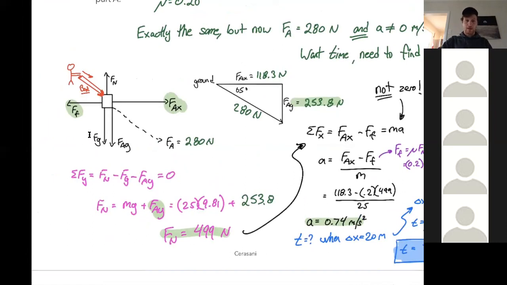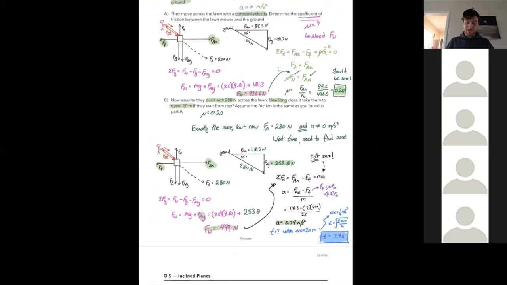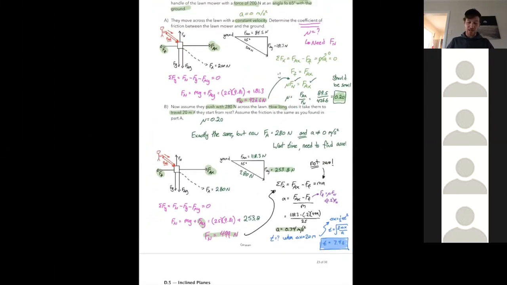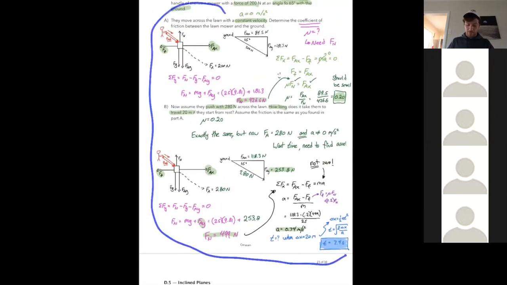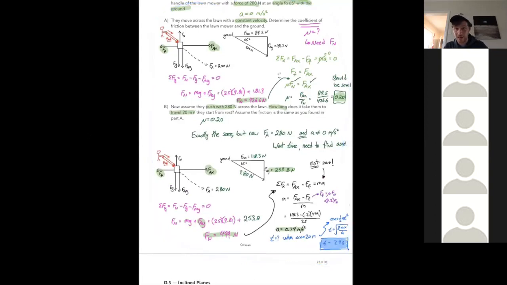Okay. Very, very similar, very, very typical questions. It looks like a lot of work. It's really not. I'm doing a lot of writing here. But you're going to follow these same steps for every question. Draw your free body diagram, get your FAX, FAY from it, and then just use the equations.